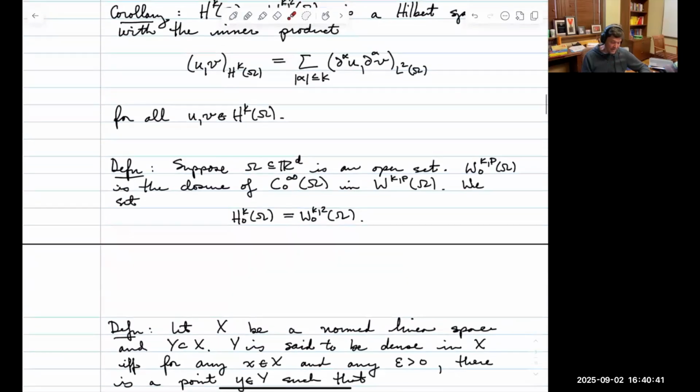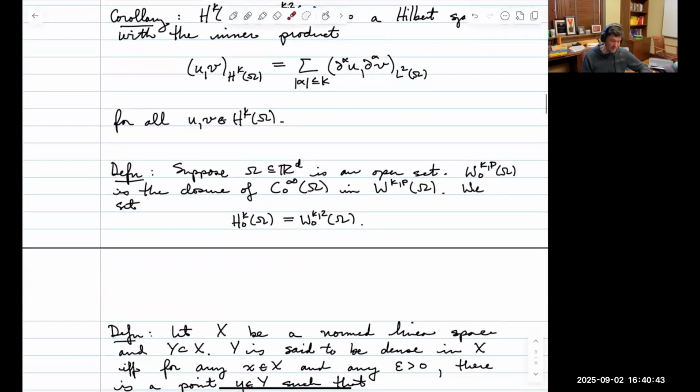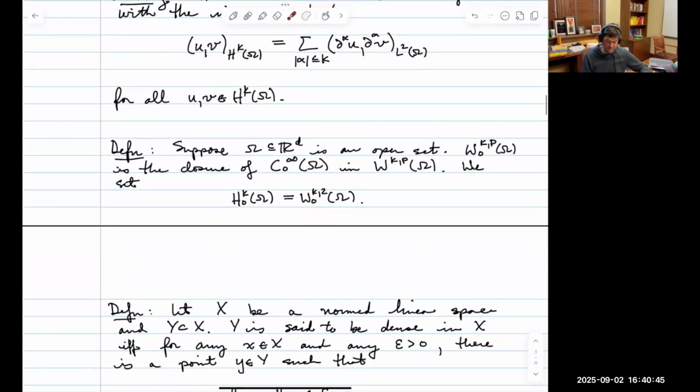Now I'm going to throw a bunch of definitions and tools at you in quick succession that I'm going to need ultimately in my analyses. Some of which we'll probably forget pretty quickly, and some of which will be more useful. So suppose that omega is an open set.